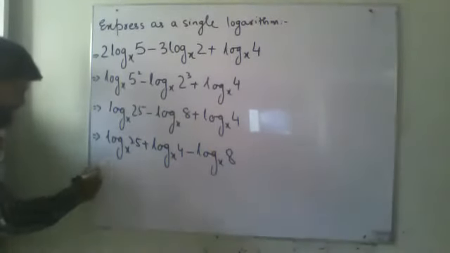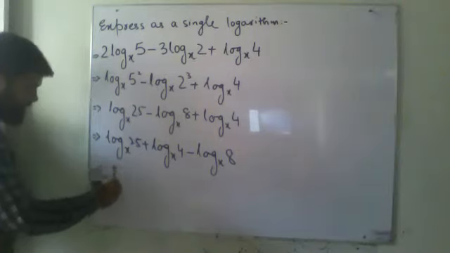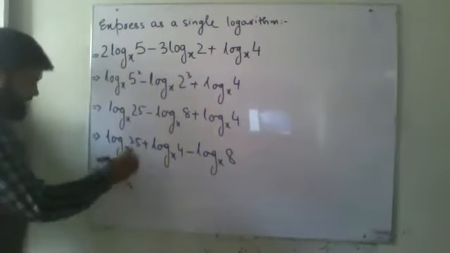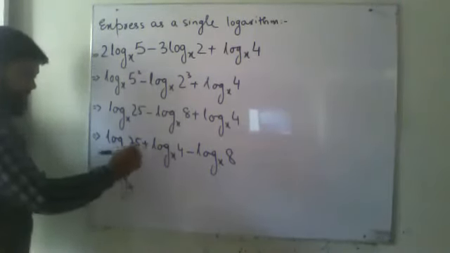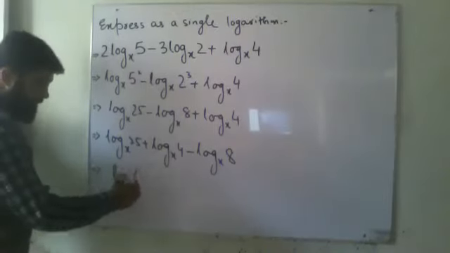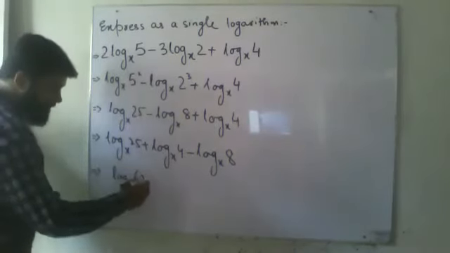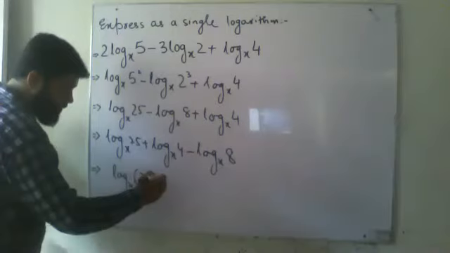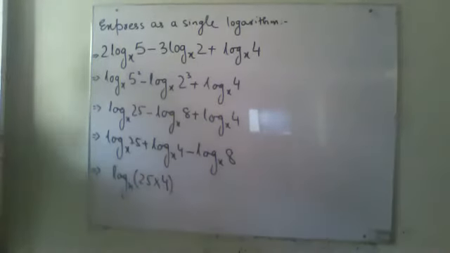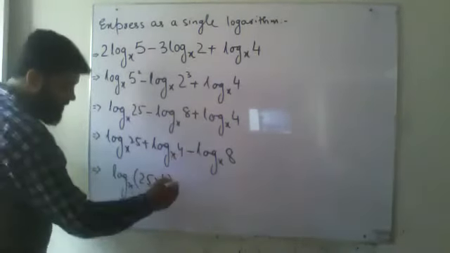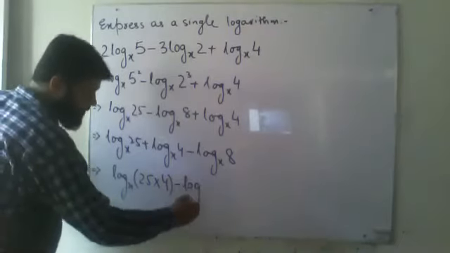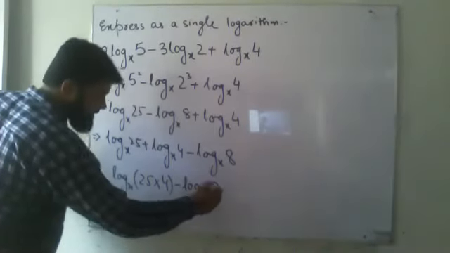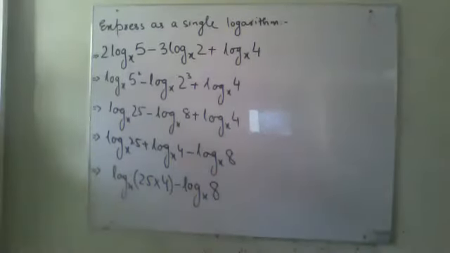Simplifying it further, this will become log base x. These two are in addition form, so when I shift it, it will become 25 into 4, and minus log base x 8.